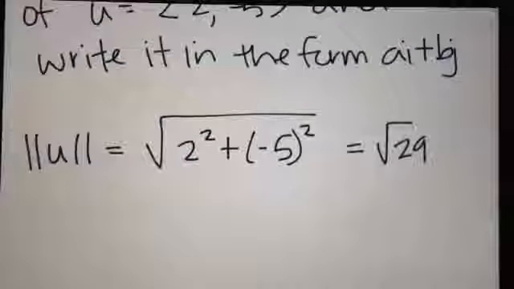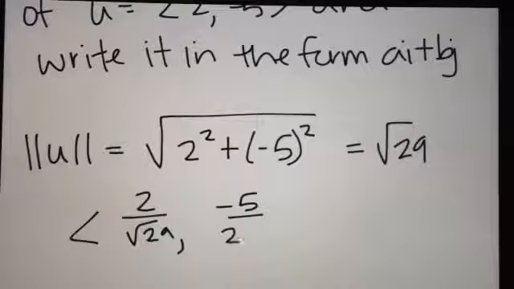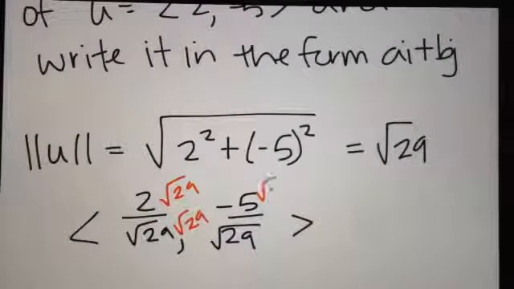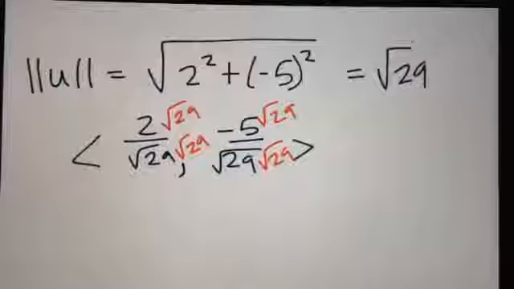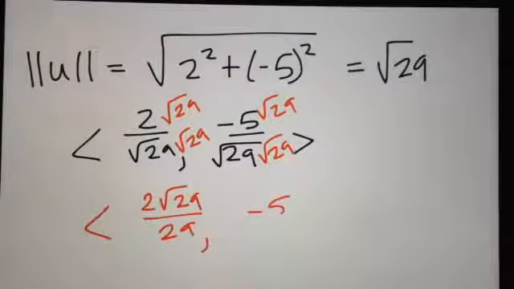All right, so if we go ahead and write that out, then that's going to be 2 divided by square root 29, and negative 5 divided by square root 29. And then we have to rationalize it, just like we did before. And so that leaves us with 2 square root 29 over 29, and negative 5 square root 29 over 29.